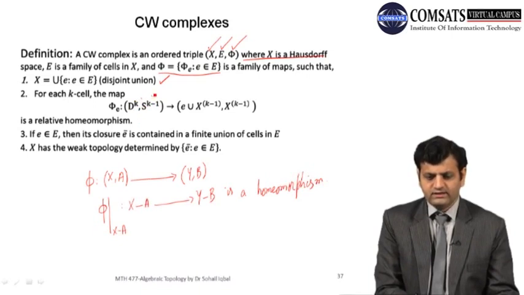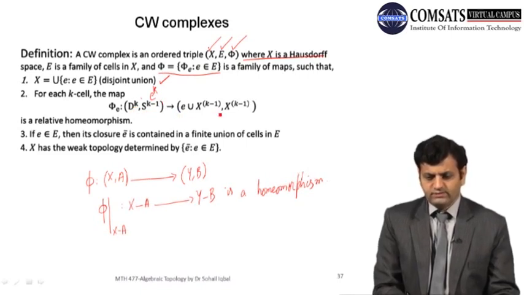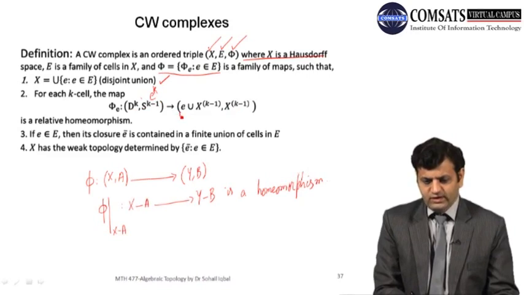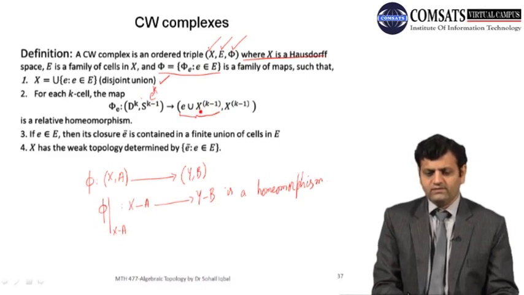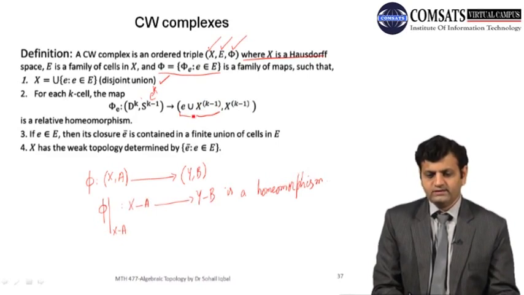In other words, consider a k-dimensional cell, and it should be a homeomorphism. When you take out this S^(k-1) from D^k, you get a k-cell. So join a cell with X^(k-1) and then take out X^(k-1). Roughly speaking, the new cell that we are going to join is going to be homeomorphic to this k-disk.